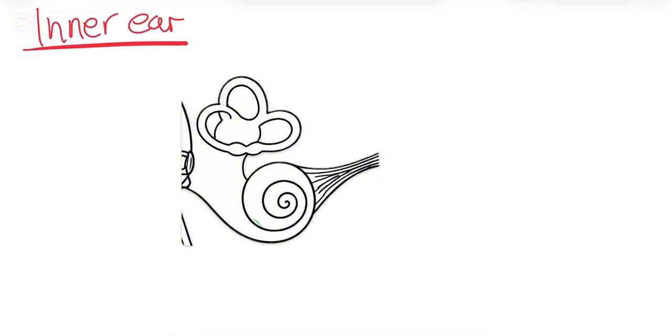As you can see, the inner ear starts from the structure that we have just labeled as the oval window, and this one we referred to as the round window. We're not going to go back to the functions of these two structures because we have talked about them already.